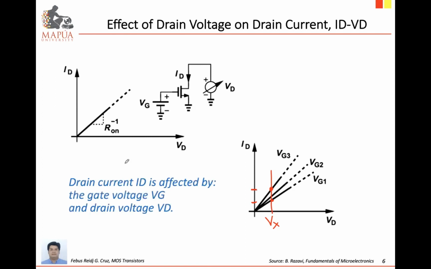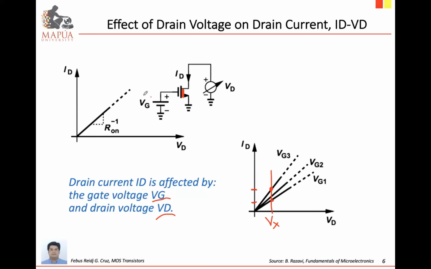So drain current ID, take note that the drain current of the MOS transistor is affected by the gate voltage as well as by the drain voltage. The gate voltage is the input voltage that will produce the channel between the drain and source.